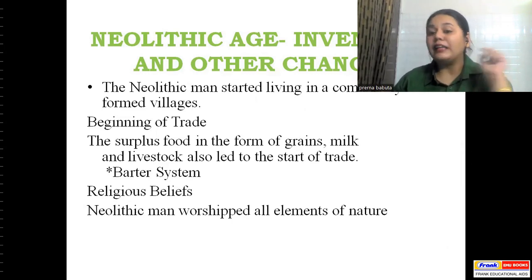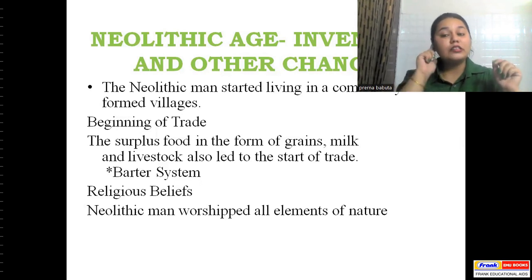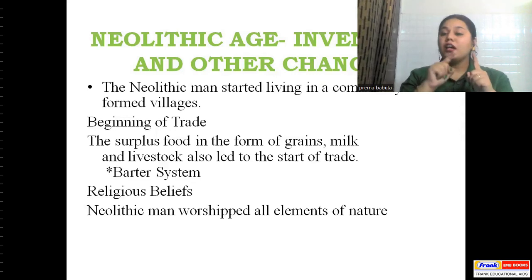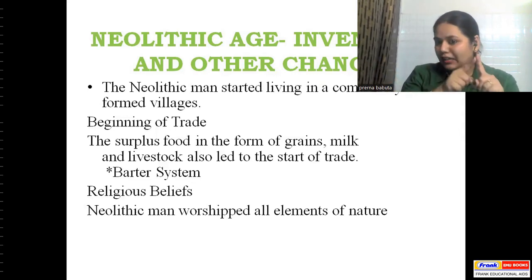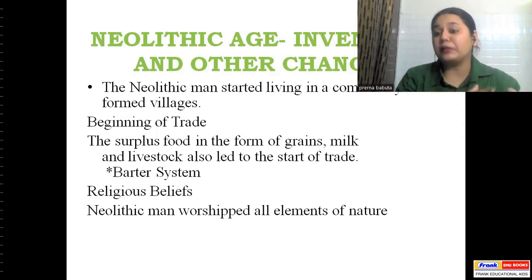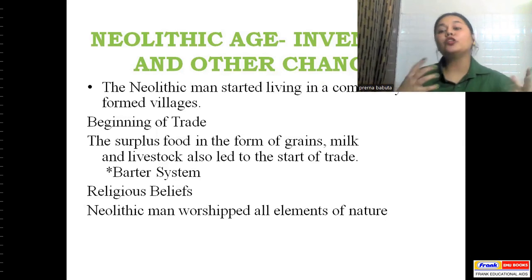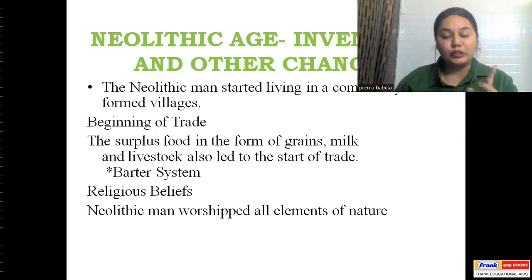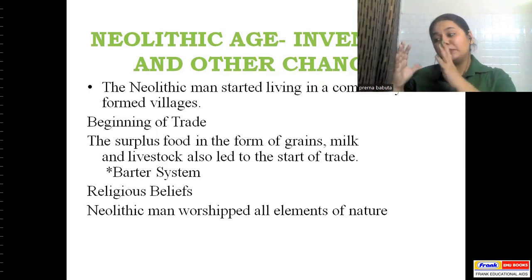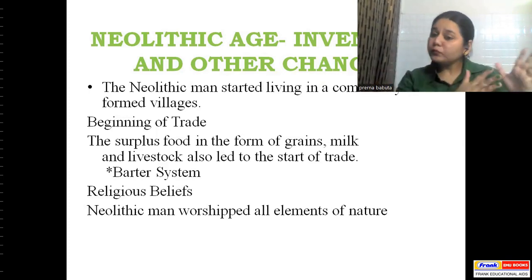We know that man started domesticating animals. So you see how every episode, every action that is happening is interlinked. Because man started domestication of animals, maybe someone had a lot of milk but needed eggs. So what did the two parties do? Someone who had a lot of milk wanted some eggs, and maybe the person who had a lot of eggs wanted some milk.